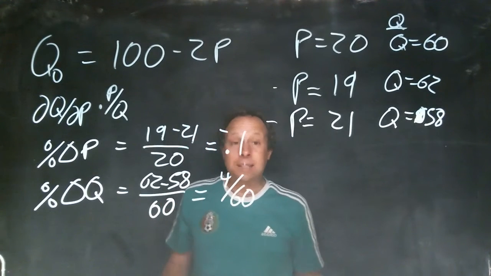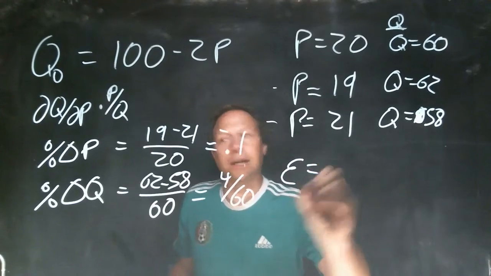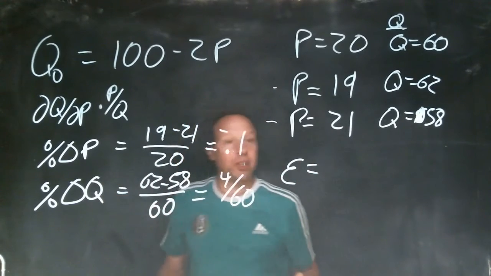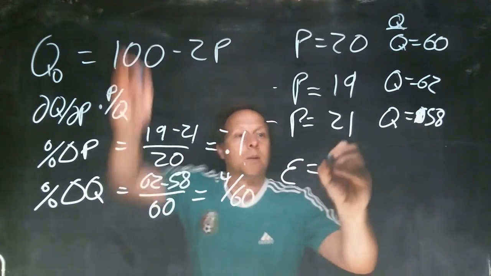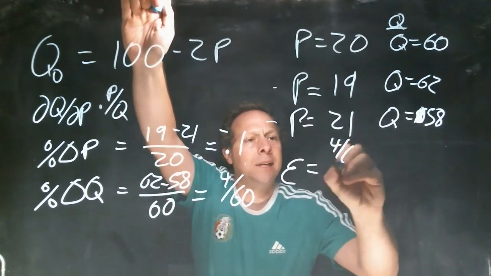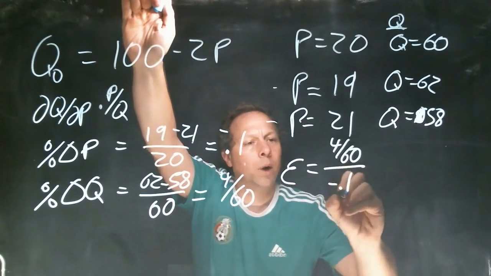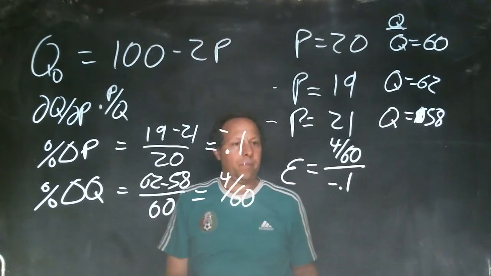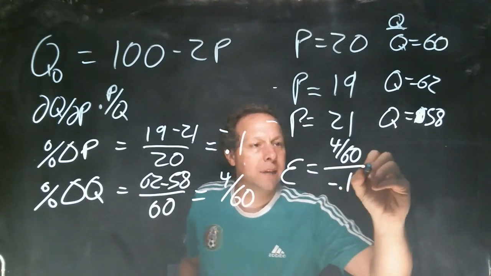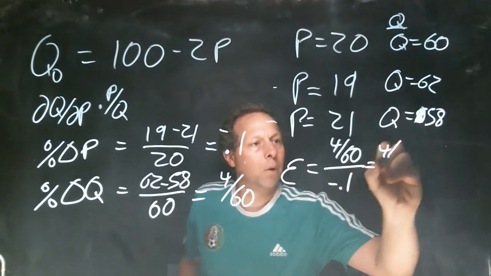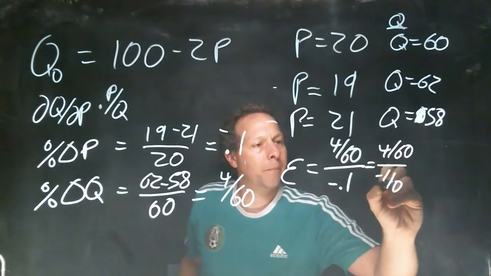And then the last thing we do to solve for elasticity is take the percentage change in quantity divided by the percentage change in price. So I take 4 over 60, and I divide it by negative 0.1. To simplify here, remember this is the same as 4 over 60 divided by negative 1/10.